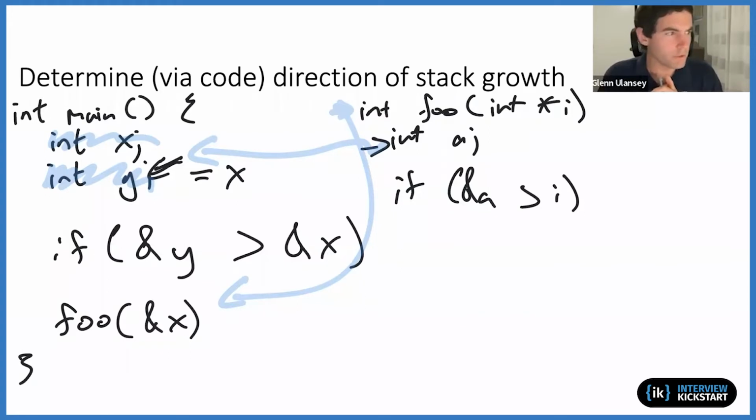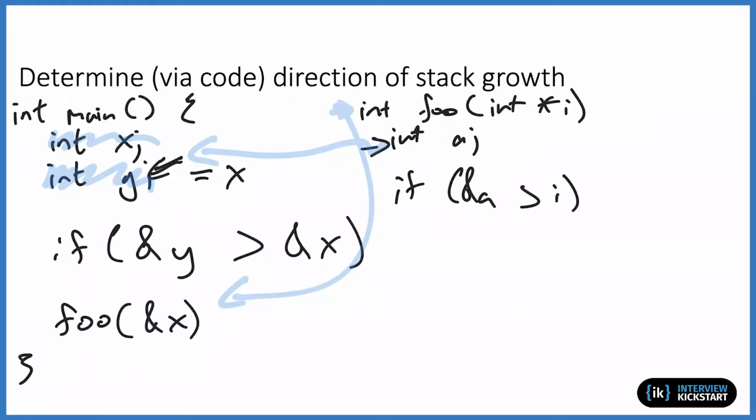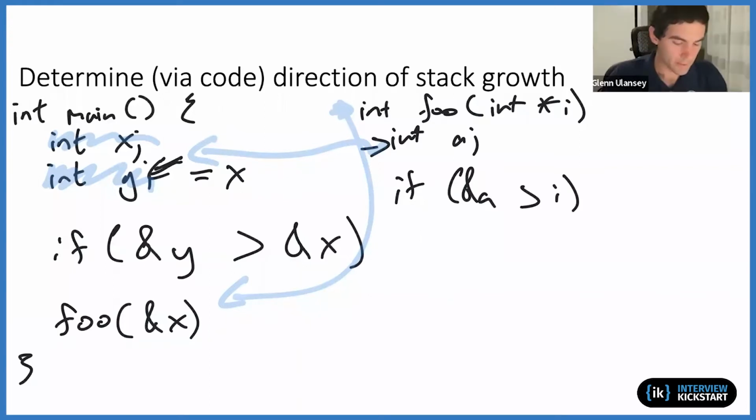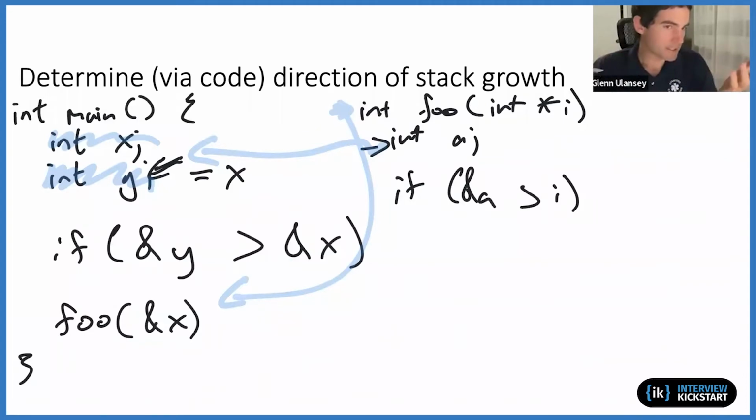But there's still no guarantee that the compiler isn't going to optimize in some other form such that these end up being in a different order than we expect. In other words, if we never end up using X again after this, maybe it just ends up being a register.